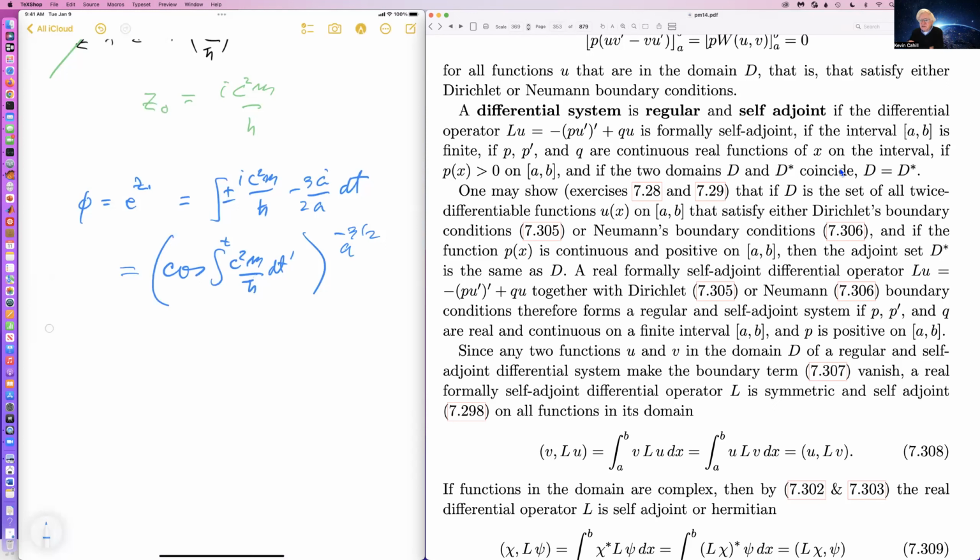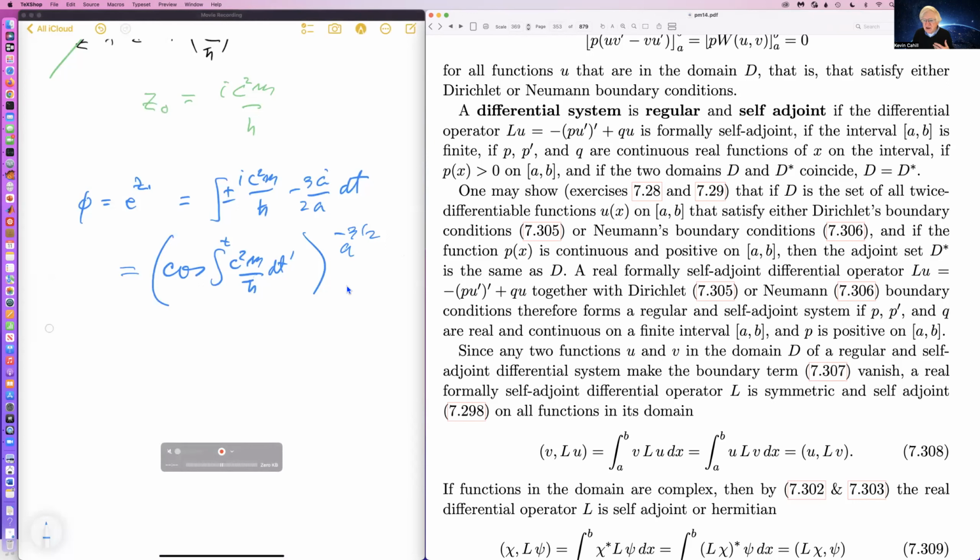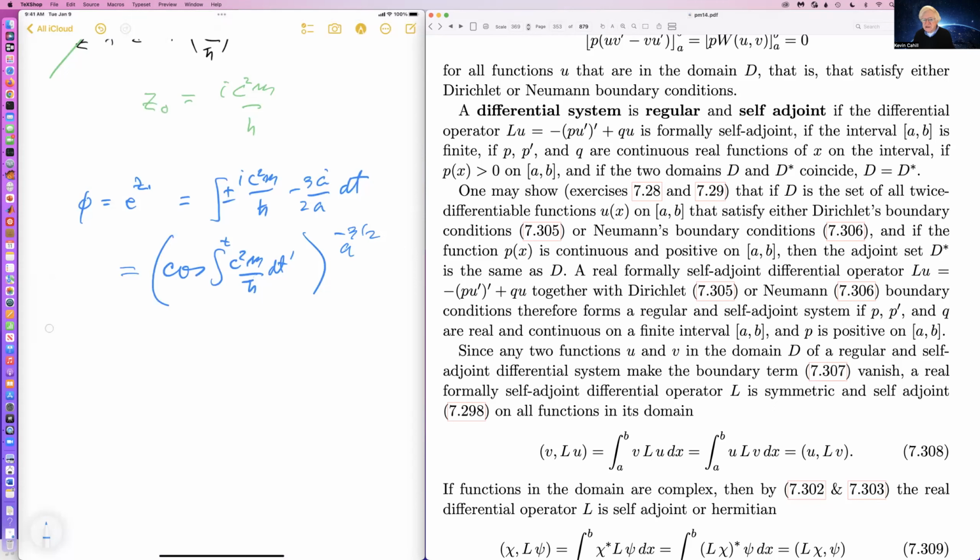Then what the mathematicians have shown is that if you give them all of this, then they'll tell you, well, if D is the set of all twice differentiable functions that satisfy either Dirichlet's or Neumann boundary conditions, and if P is continuous and positive, then D star is the same as D. So that simplifies the assumptions actually.